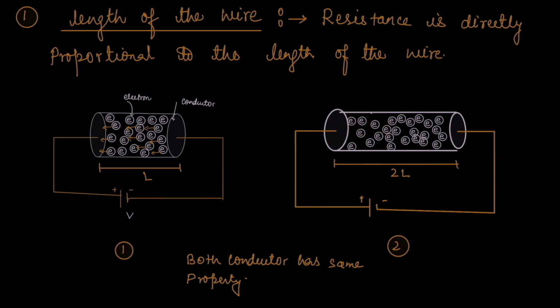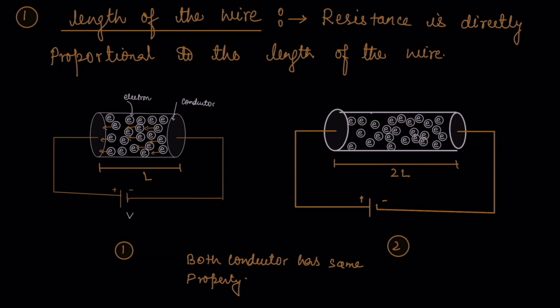More electrons means more collisions. More collisions means more disturbance. More disturbance represents higher resistance. So when the length of the wire increases, its resistance will also increase.